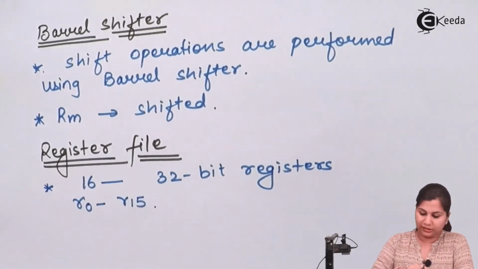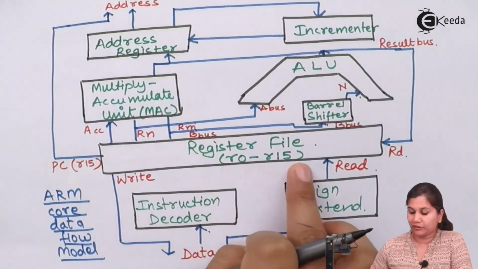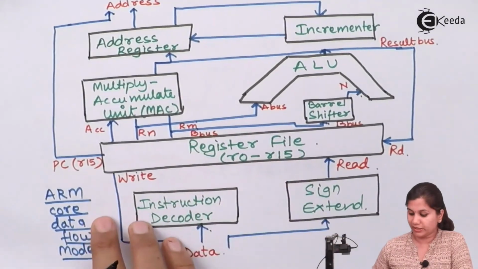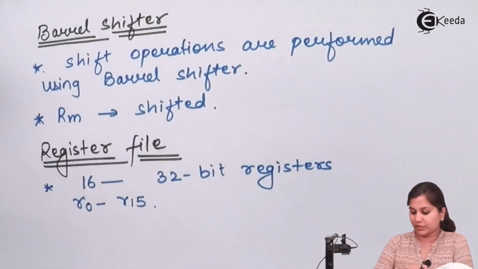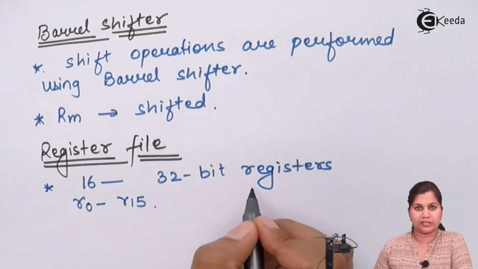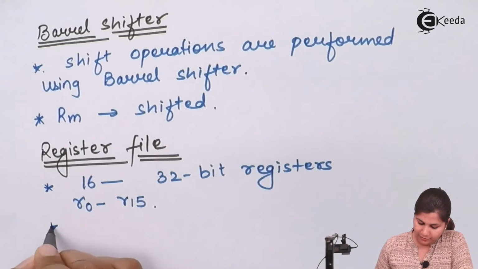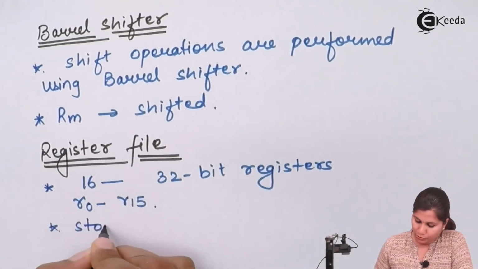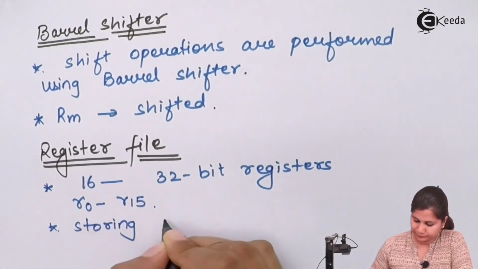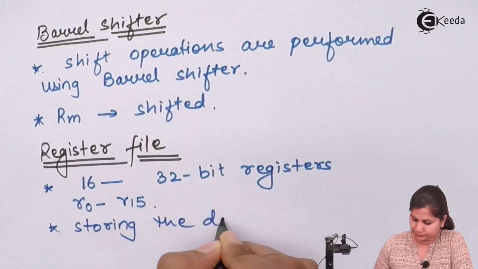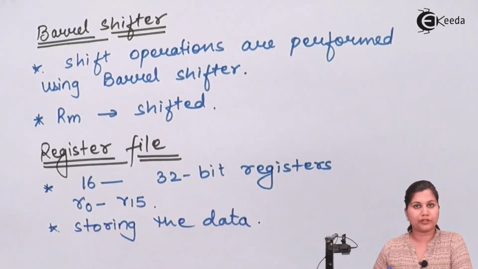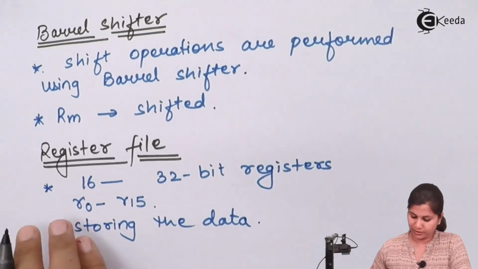Okay, you can see in the diagram also that we have R0 to R15, 16 registers, and each register is a 32-bit register. It can store 32 bits of data, and these registers are usually used for storing the data. So for storage purposes, these registers are used.